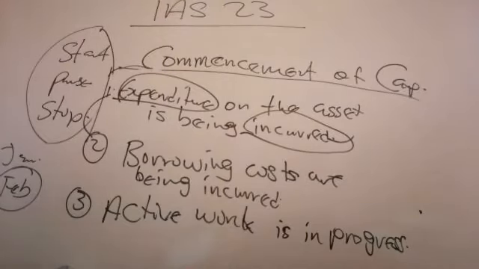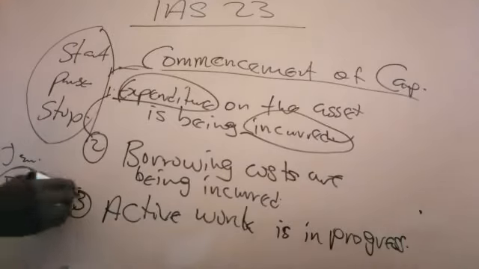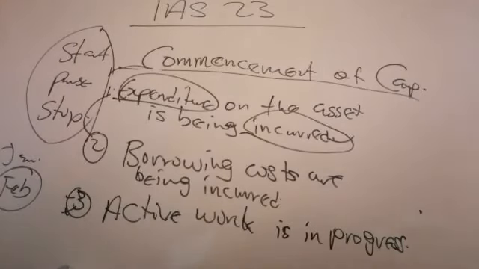Where you've paused construction, or where you've not started construction, or where you stop construction, please do not capitalize the borrowing cost. Don't commence. Stop. Hold on. Where active work is not in progress, hold on. This section is very critical. So let's take note of that. And all these three conditions must be in place, together.